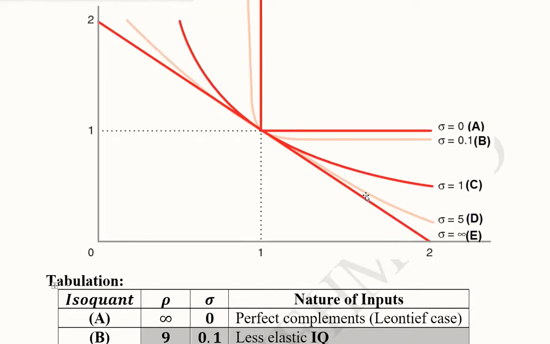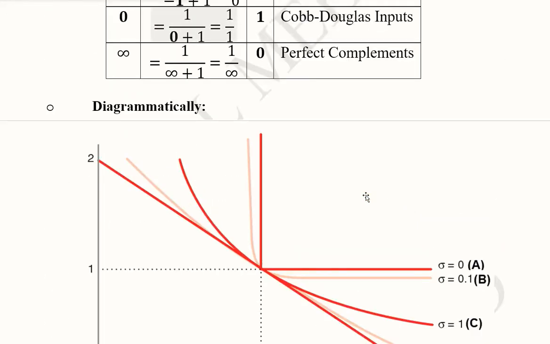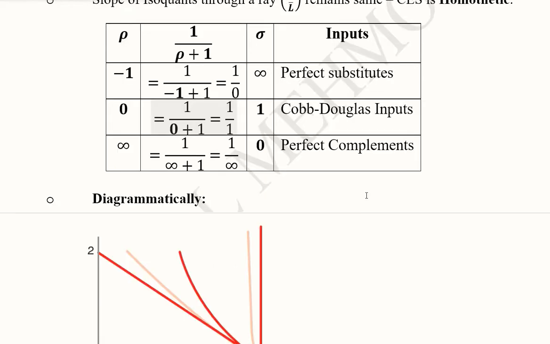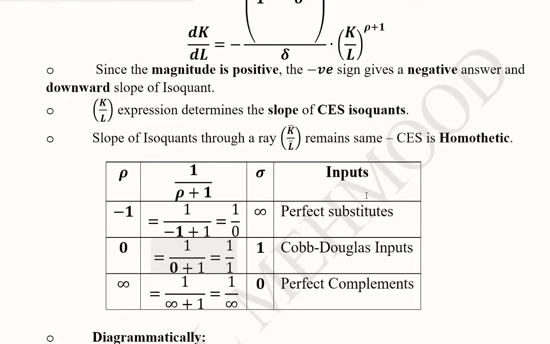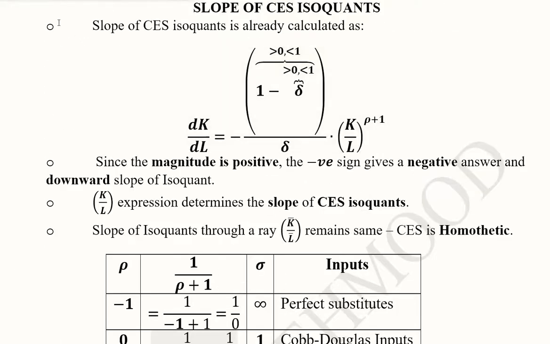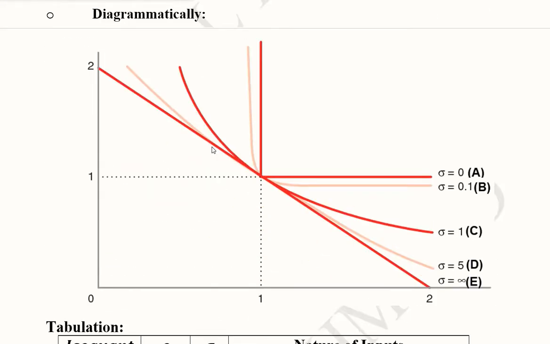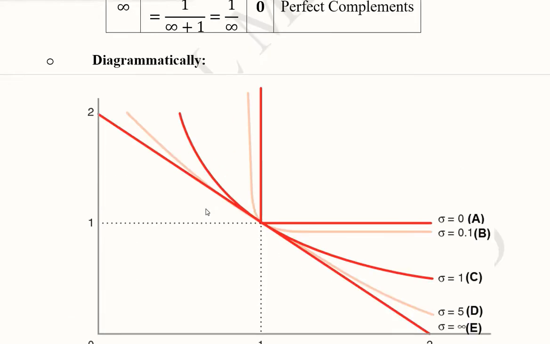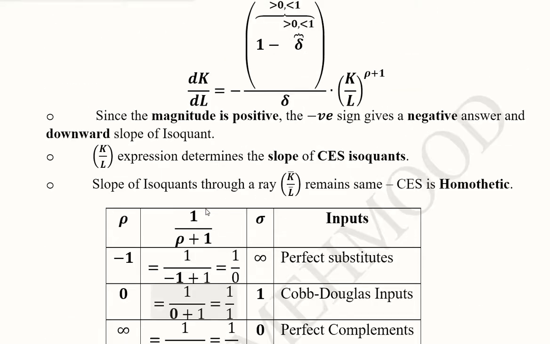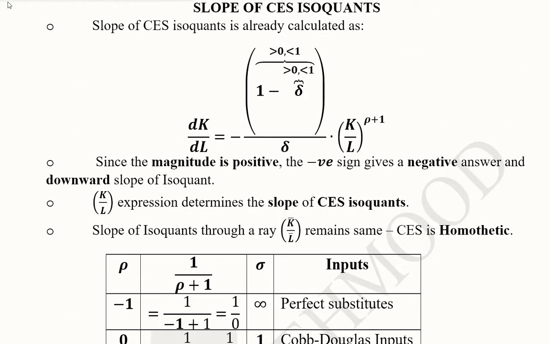So in this way we have thoroughly understood the isoquants of the CES production function, and we see that Cobb-Douglas production function is just one of the cases of the CES production function, and there is a number of possibilities between the two extremes of Leontief input production function and the perfect substitute situation of the production functions. Thank you.